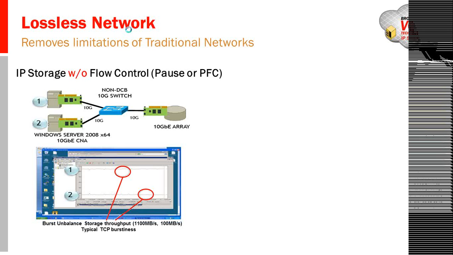So this is the idea. We can remove traditional limitations that we've had for Ethernet. And here's the example of using IP storage with this PFC type technique. What we had here with a non-DCB switch between our server and our storage array, it's 10 gig, there's lots of bandwidth, there's probably lots of horsepower, could well be a cut-through, so super low latency, nanosecond type switch, but we're still going to get unbalanced storage there.